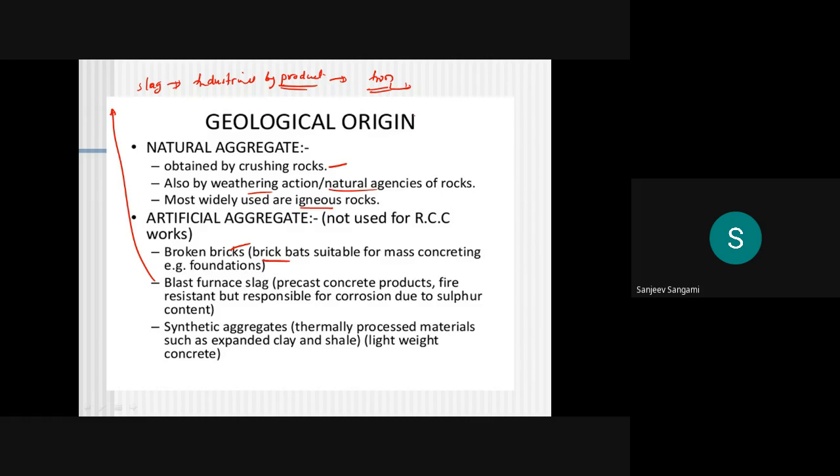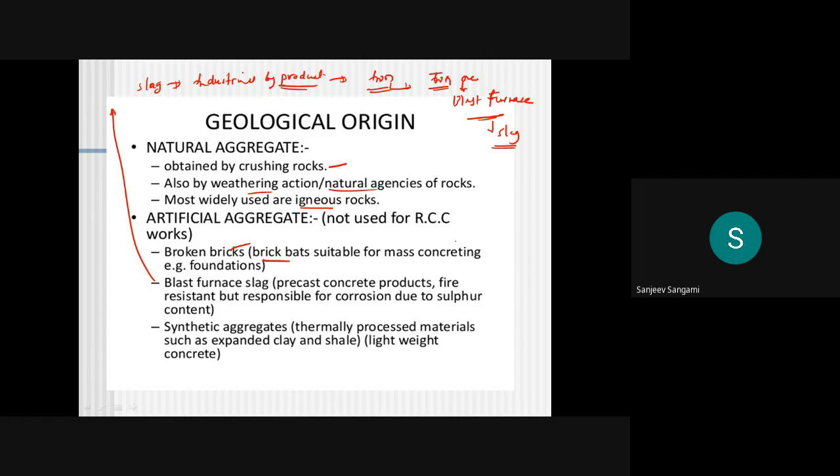So during the separation of the iron ore in the blast furnace, the iron ore will be brought from the site. Then it has to be separated. During the separation process, the slag is going to be generated in the blast furnace. It itself has different sizes.